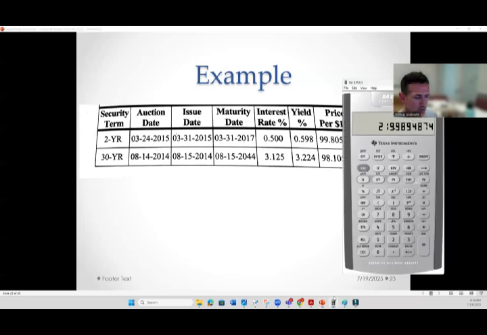Okay, so let's get K first. 3,224 over 2, store that in the 2 spot. Get the interest rate, yield rate, get that coupon rate, 0.03125, 2, store that in the 1 spot.